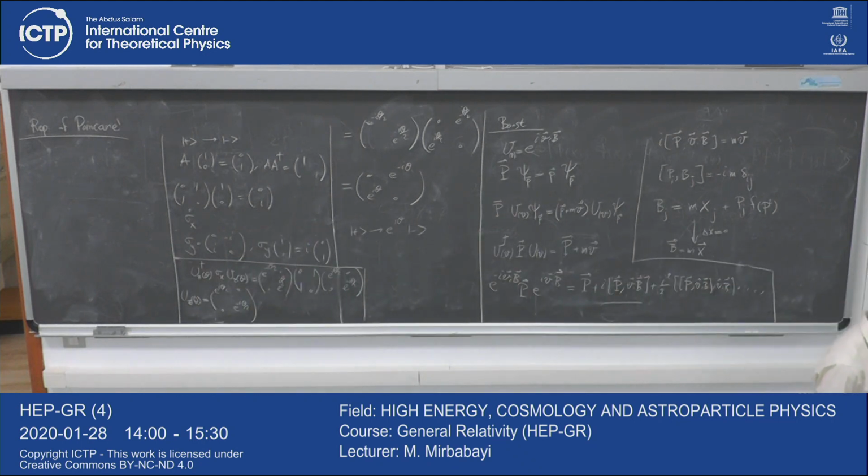So now we can ask the following question. Imagine we want to find a boost that takes a state with 0 momentum to a state with some momentum p. This is kind of similar to what we asked there about the spin. What is the rotation that takes us from the spin up to some other spin?